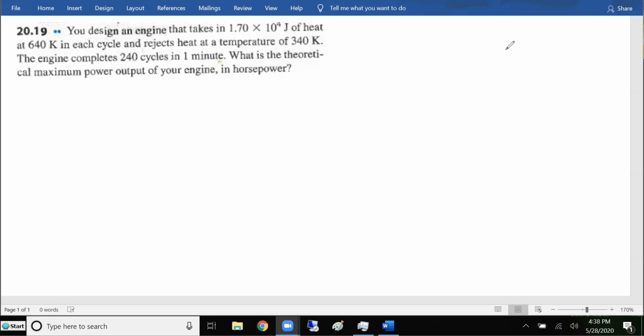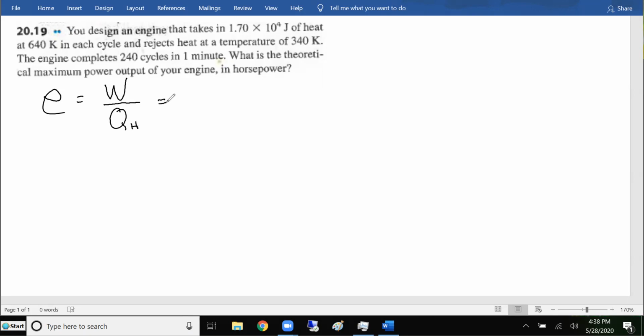which in terms of the efficiency, this is the efficiency for a heat engine. The first form to look at is in terms of the work done by the engine, divided by the heat from the high temperature reservoir that comes in.